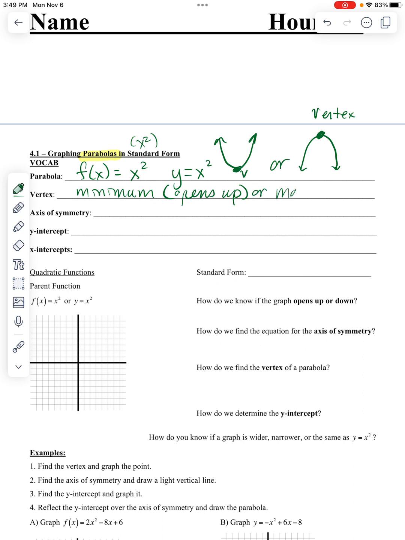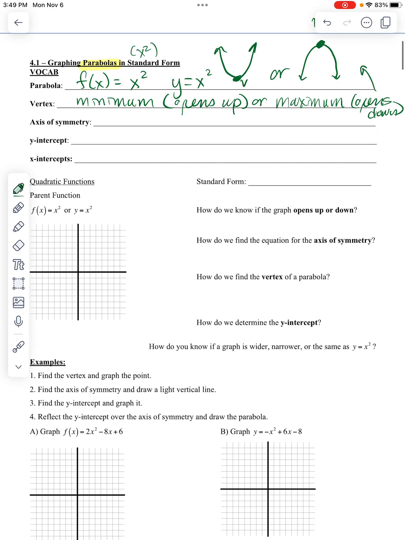Or it can be the maximum, and that is when your parabola opens down, because as you can see in the picture right here, if your parabola opens down, the vertex ends up at the top. So keep in mind that your vertex is going to be written as an x, y coordinate.